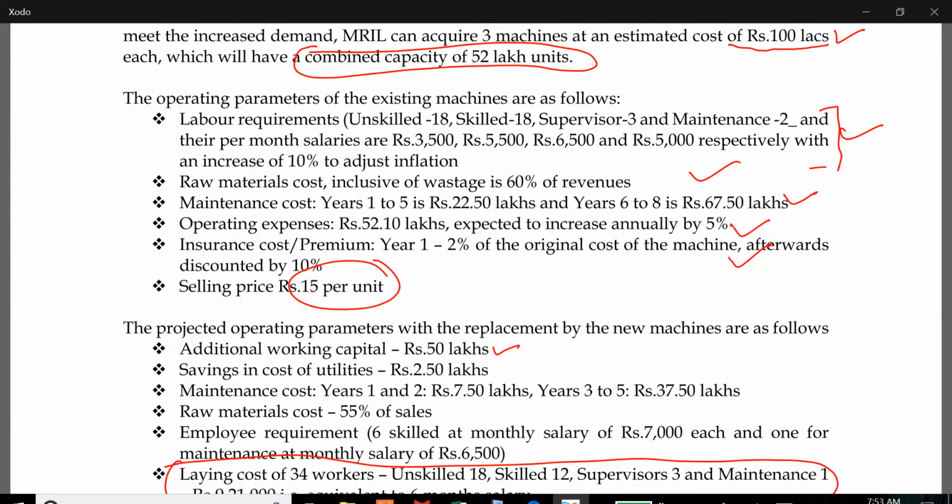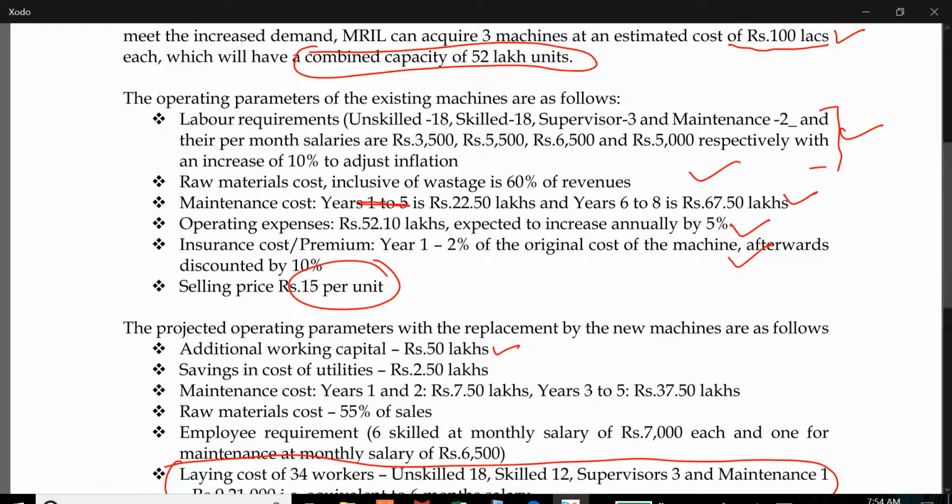Okay, but how many years do we have? We have only 5 years. So which number should I write? 67.5. So technically they have given me 8 years data.